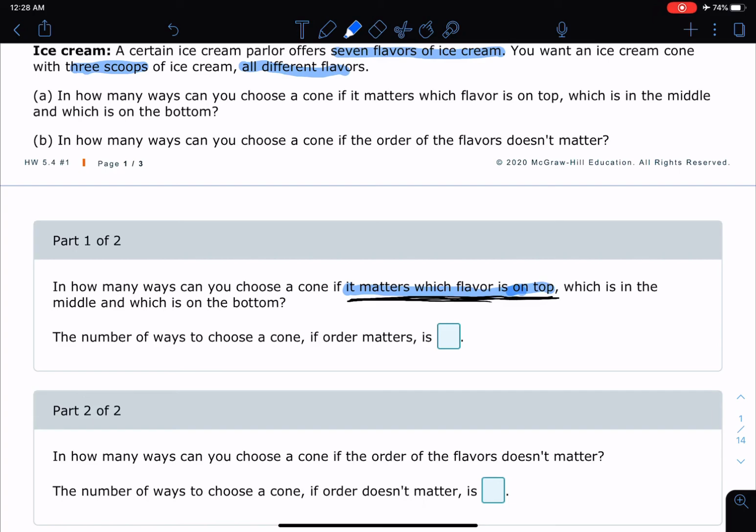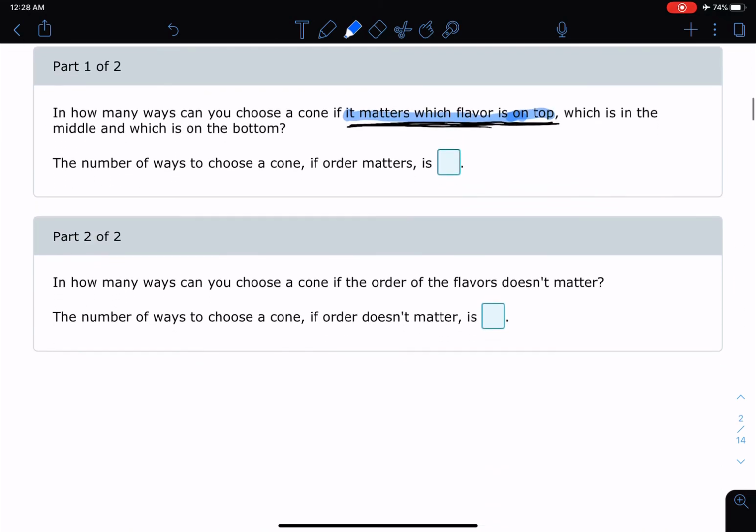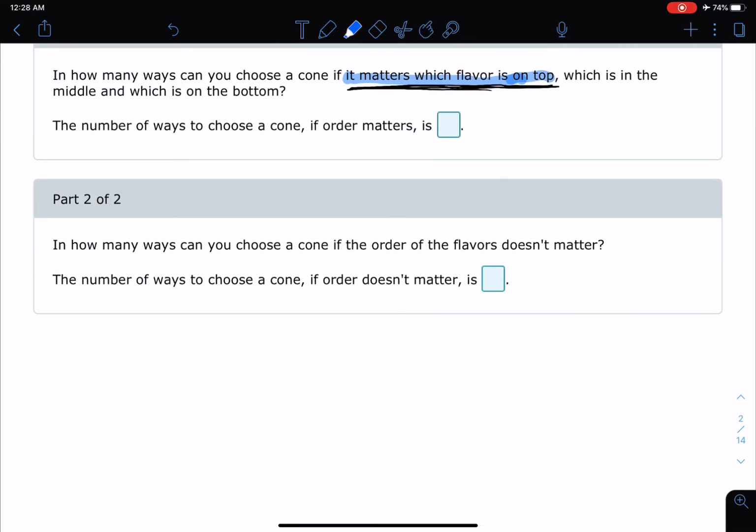Well, if order matters, then this has to be a permutation, meaning the kid's going to throw a fit if you had chocolate. So let's see. I want to show some stuff here because I think it will help with the idea of permutations and combinations.